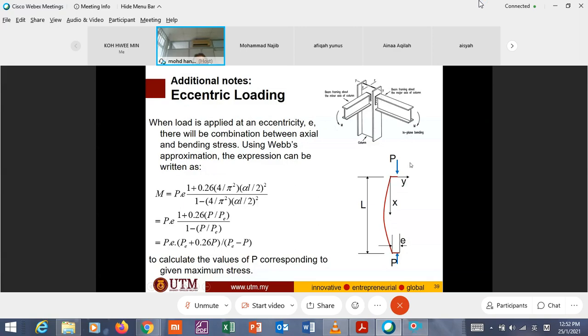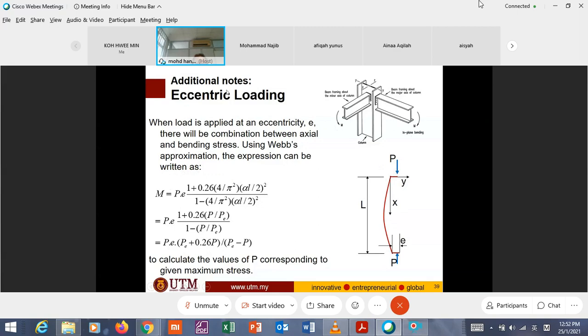When there is eccentric load, how do we calculate the critical load? Of course, it will be less than for axial load, because we have initial imperfection and also initial moment. I'm not going to explain one by one here.